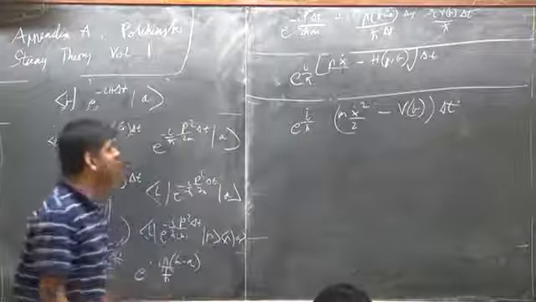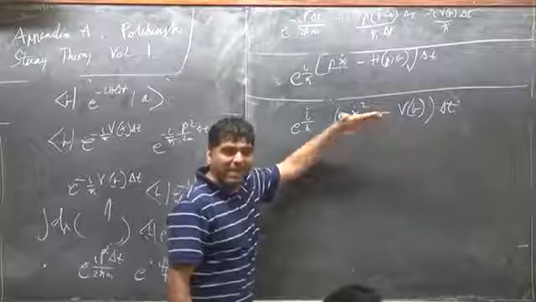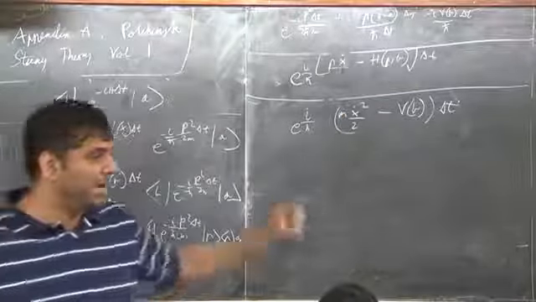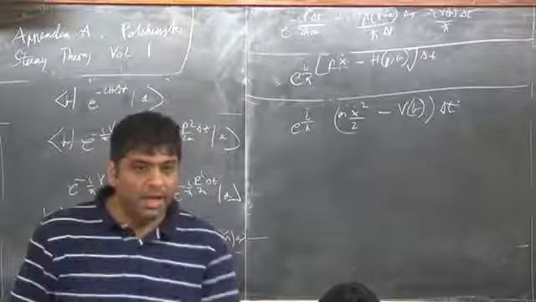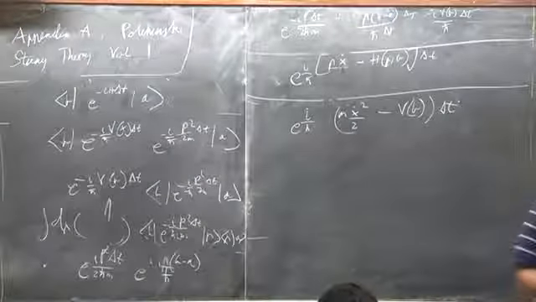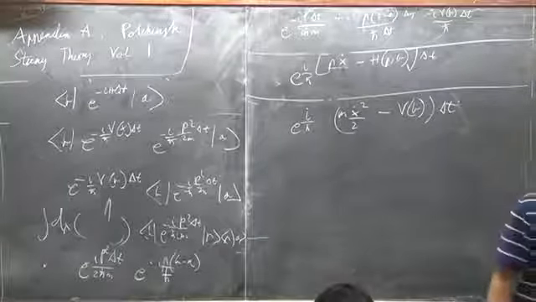Okay, so now we take this formula together with the formula we derived earlier in this lecture about how you take the evolution operator and decompose it up into a product. And we remember that the product of exponentials is the sum upstairs.